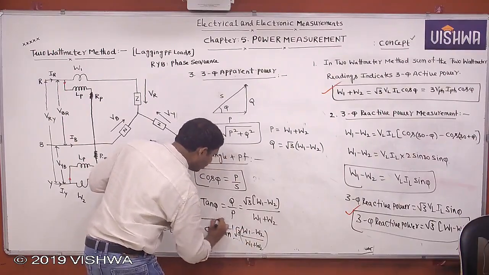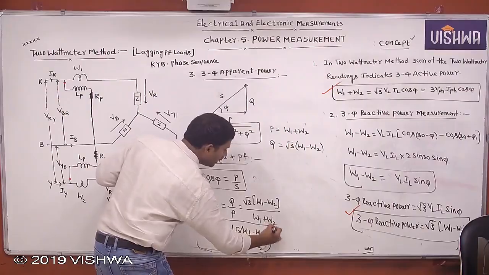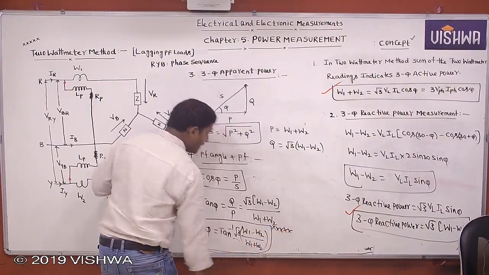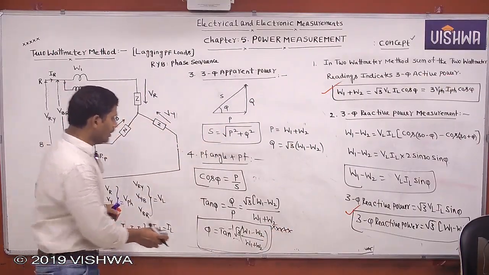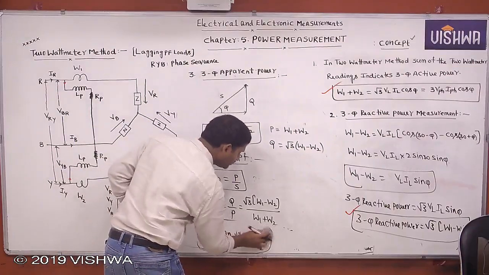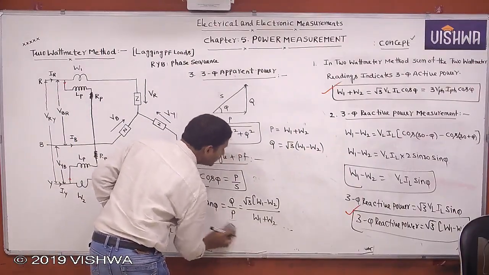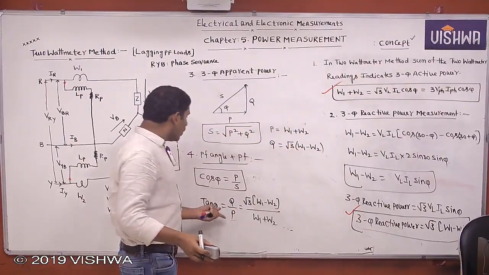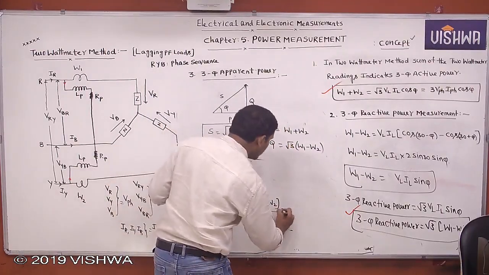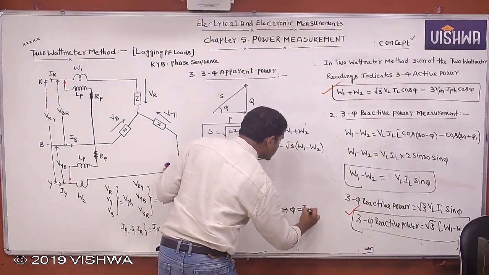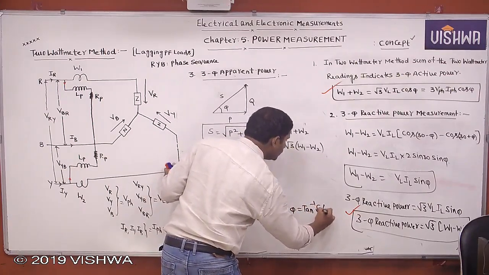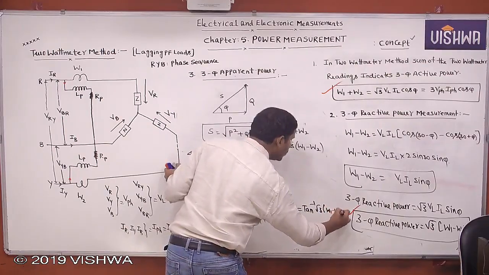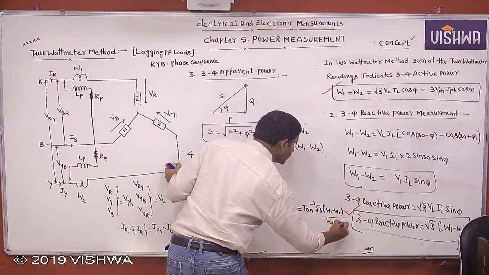To solve mainly any problems in the 2 wattmeter method, this formula is important. Tan phi equals Q by P. Then from this, phi equals tan inverse of root 3 into W1 minus W2 by W1 plus W2.